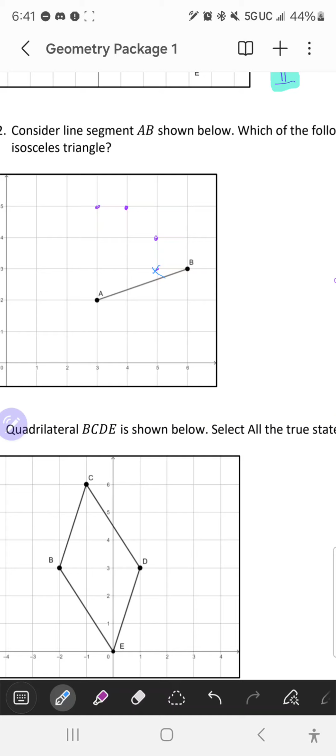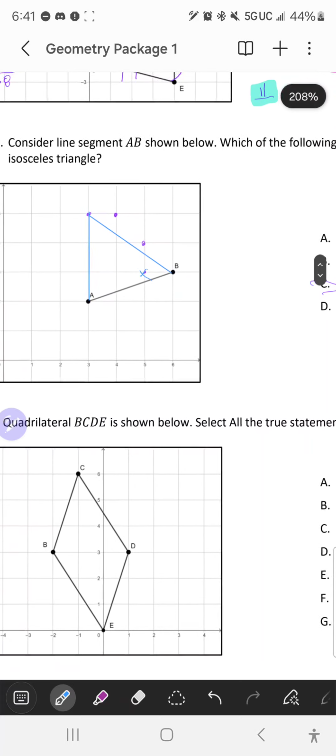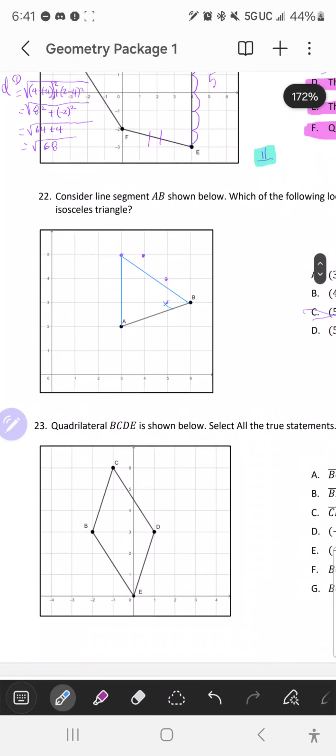So I'm between 3. Now what we can do is find the distance between all of them. What I like basically to do is just visualize the shape. So if I draw a triangle here, I must say, it looks pretty equal, but if I flip it, I cannot do it here.